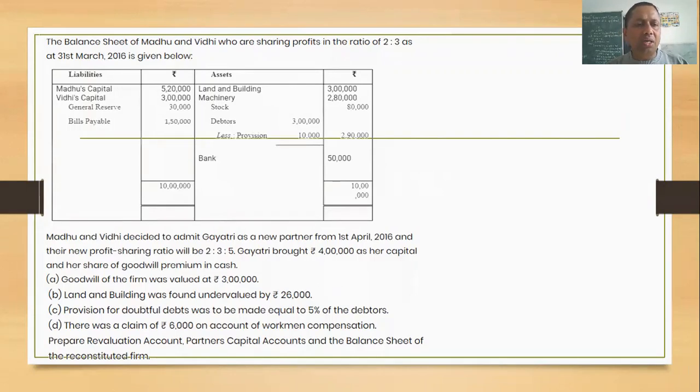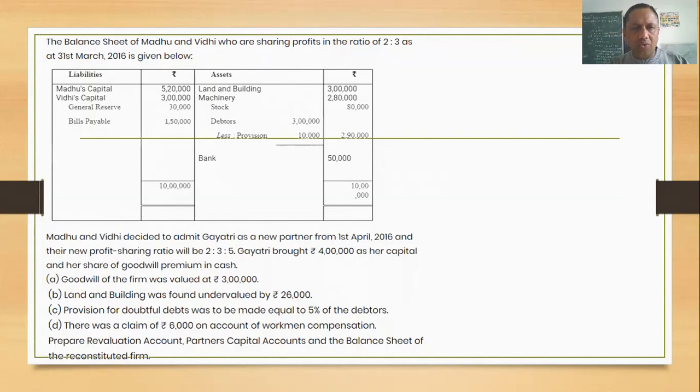Earlier the liability was not there in the balance sheet, but at the time of admission we find that the claim of workman compensation, 6,000, is there. So the liability is increased by 6,000, and 6,000 is debited in the revaluation account as workman compensation. So this is the total working of how we prepare a revaluation account.